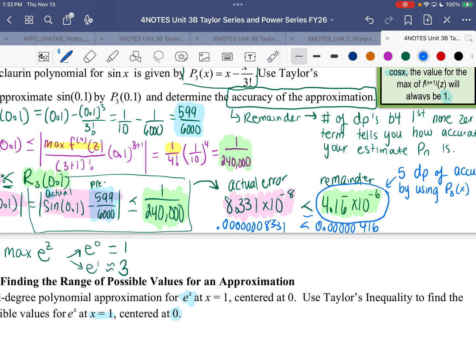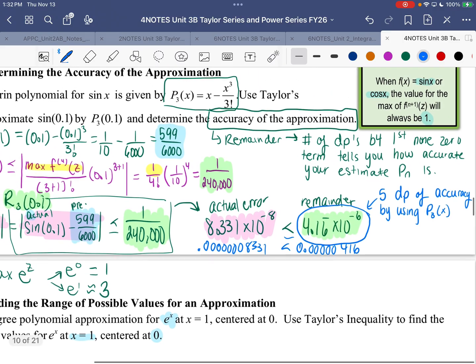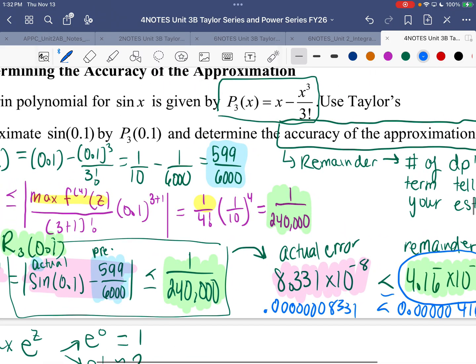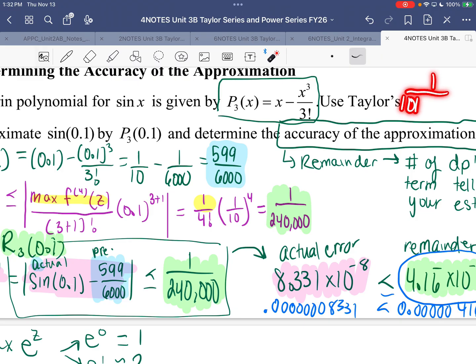Great question. Yes. A more typical question that would not require your calculator would be: is your approximation accurate to 1 over 100,000? So is it accurate to that many decimal places? And you'd say yes, this is smaller than 1 over 100,000.